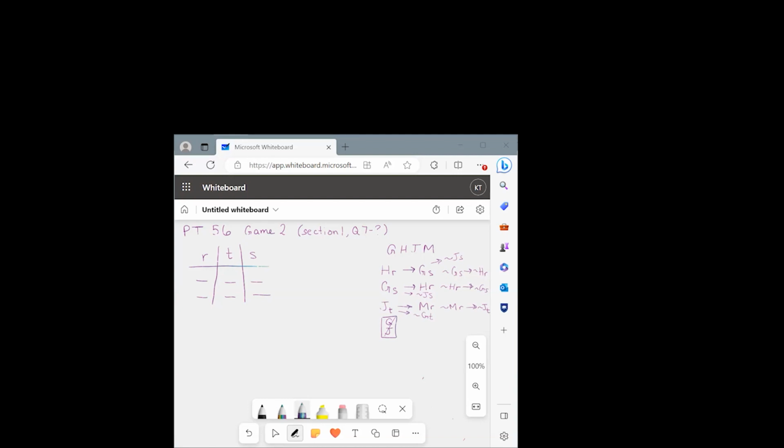HR, and then it has G on S, so there's no problems there. And then I guess you can look at the other rules like J on T. So then, yeah, I'm not seeing any problems with C, although if J is on T, then M has to be on R, so actually C is wrong. Very good. Yeah. So if J is on T, then M is on R. So C is out.